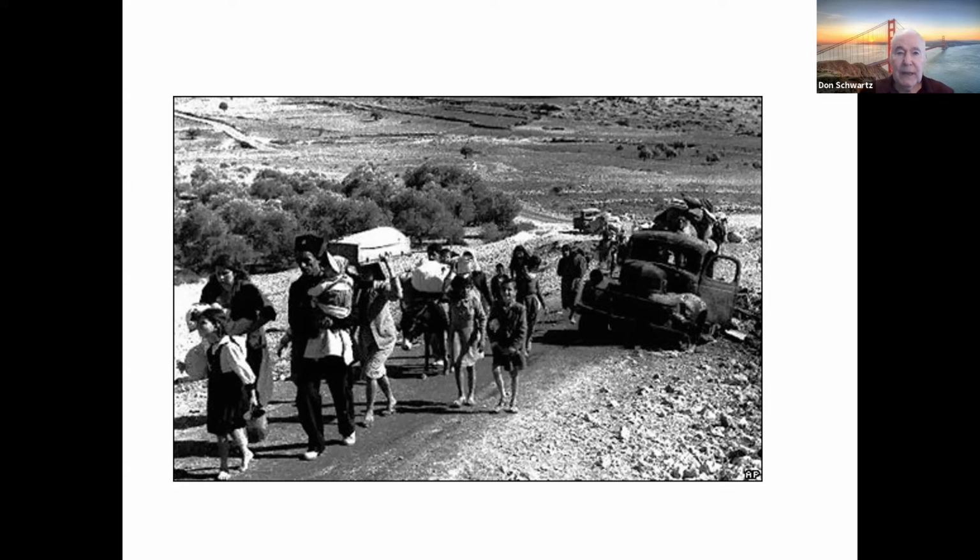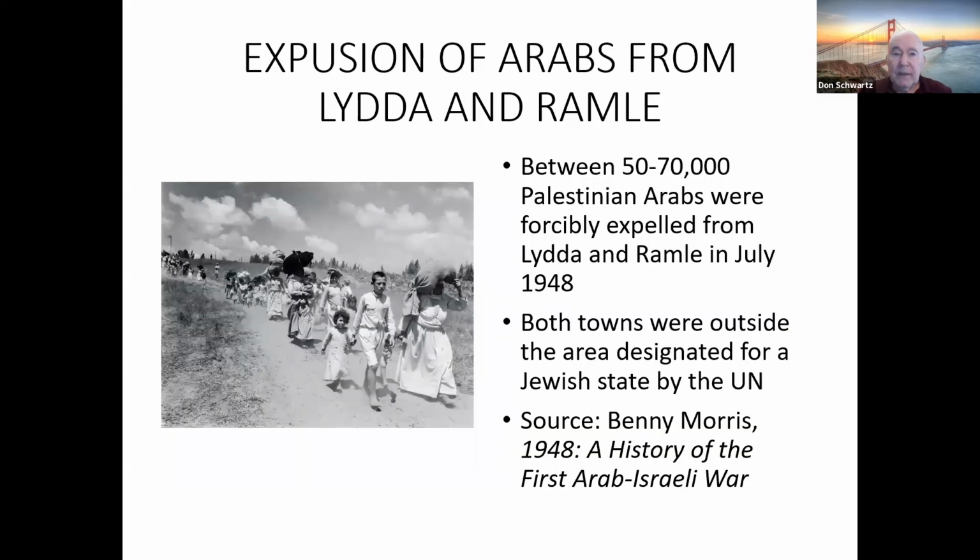Now, recent scholarship confirms that Zionist forces did compel some Palestinians to leave, according to Benny Morris, who is considered one of Israel's preeminent historians. In his book, A History of the First Arab-Israeli War, he found that between 50 to 70,000 Palestinian Arabs were forcibly expelled from the towns of Lydda and Ramleh in July of 1948.